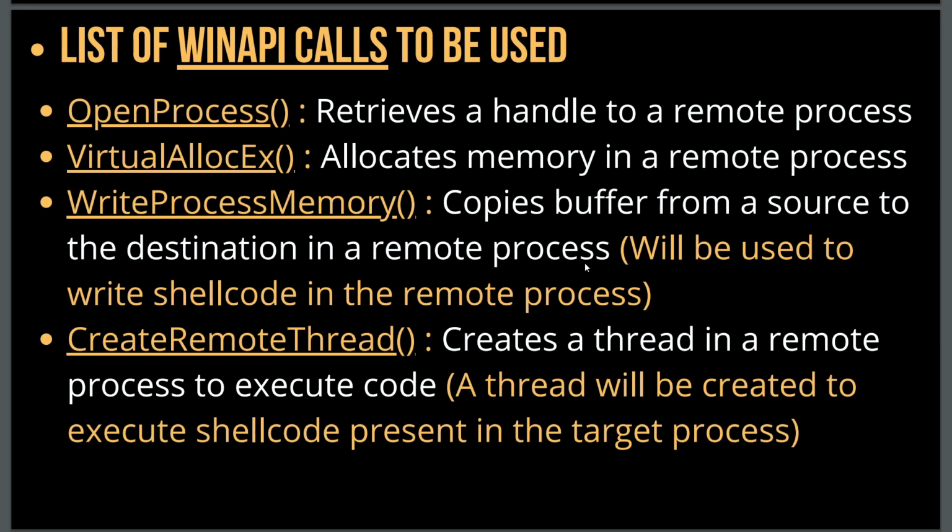As I said in the previous slide, this function is going to simply copy our shellcode to a remote process. And then we have the CreateRemoteThread function, which creates a thread in a remote process to execute code. A thread will be created to execute the shellcode present in the target process. All right, so that's all for the theory part. Now let's get started with the coding part.